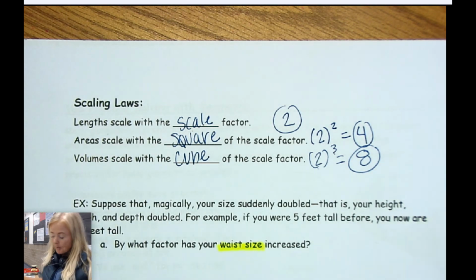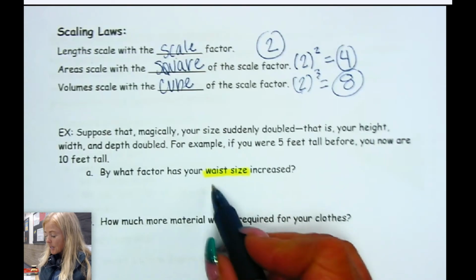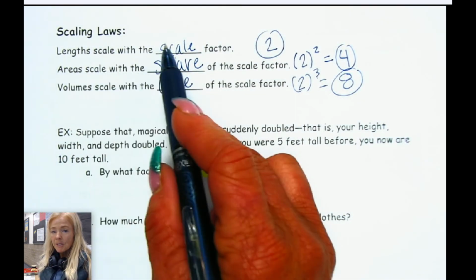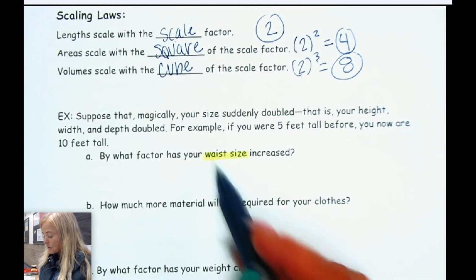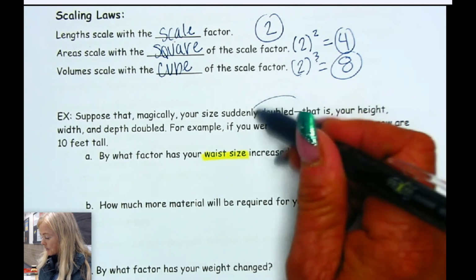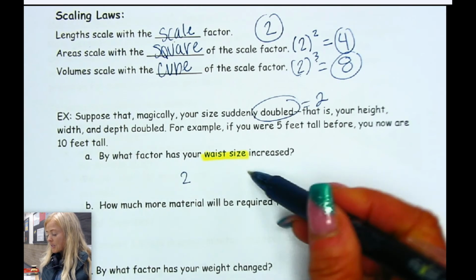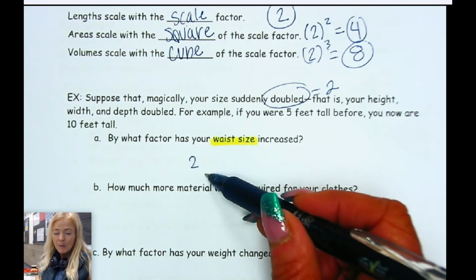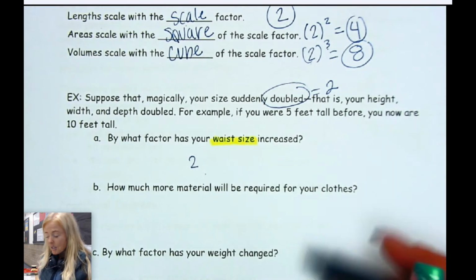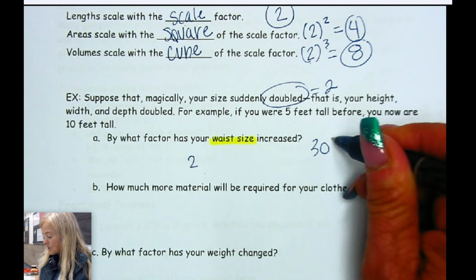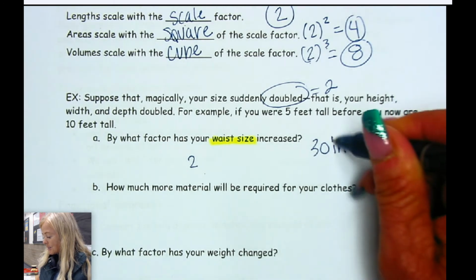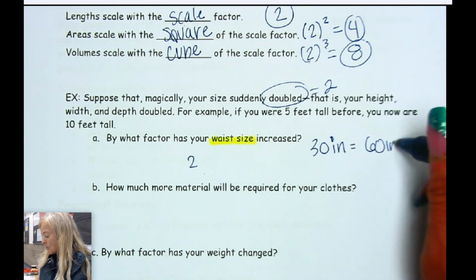It's the circumference, basically, of your waist. So that's just going to be a length, so it would scale in the same factor as your 2. So that means your waist size is increased by a factor of 2. So if it was 30, say your 30-inch waist would now become a 60-inch waist.